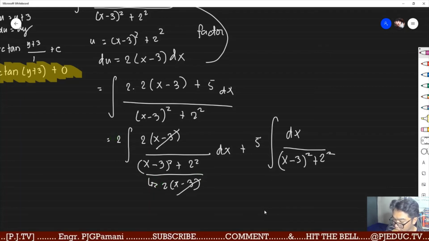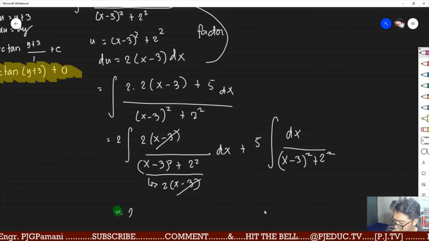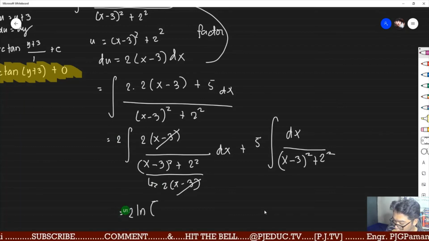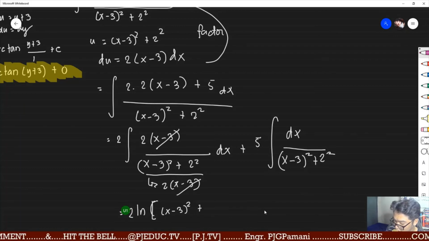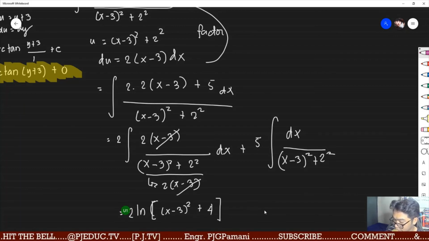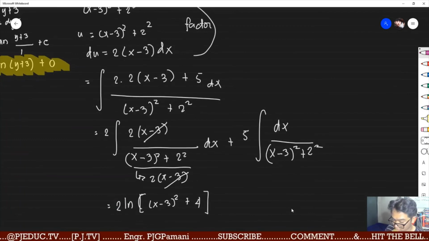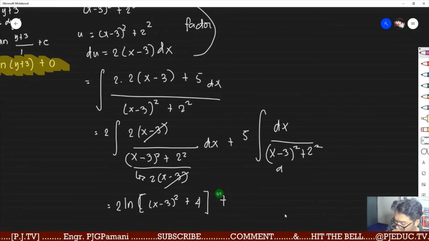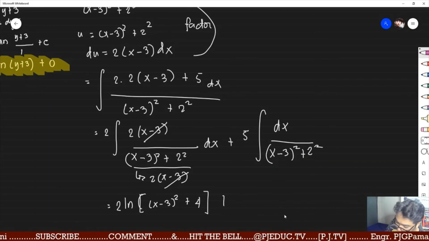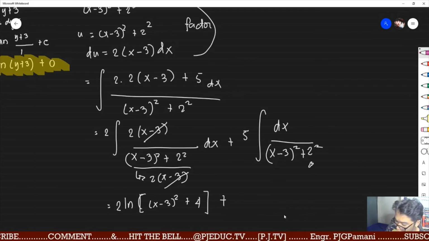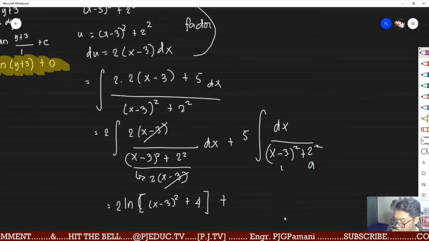Wala namang correcting factor. So, basically, that is 2 ln of x minus 3 squared plus 4. Diba? Plus, ito yung ating A, ito yung ating U.